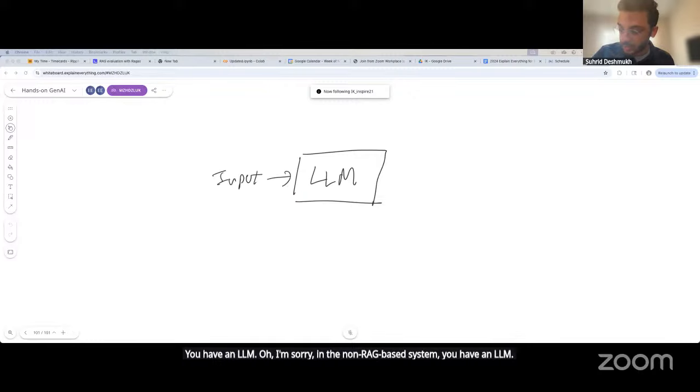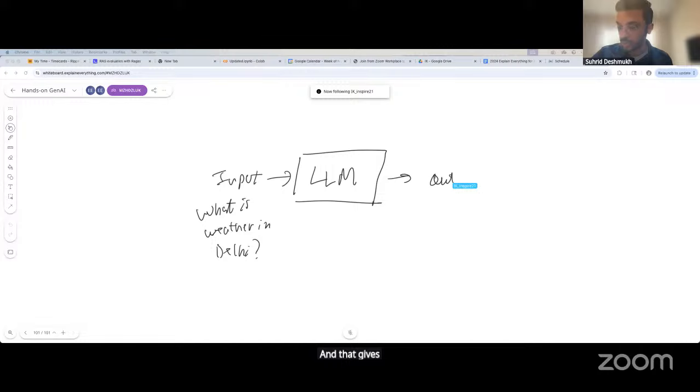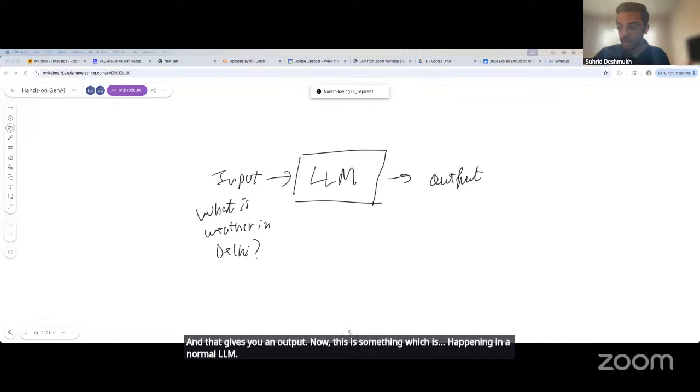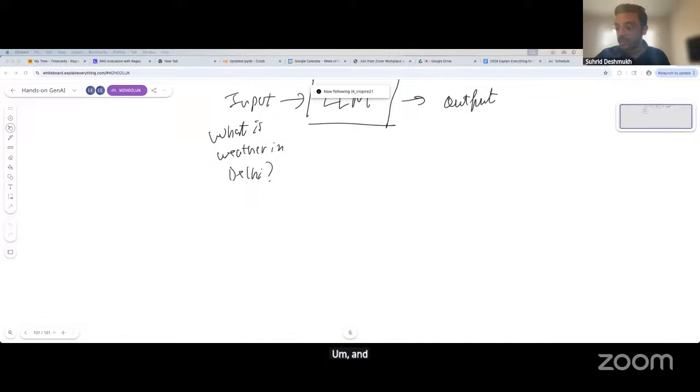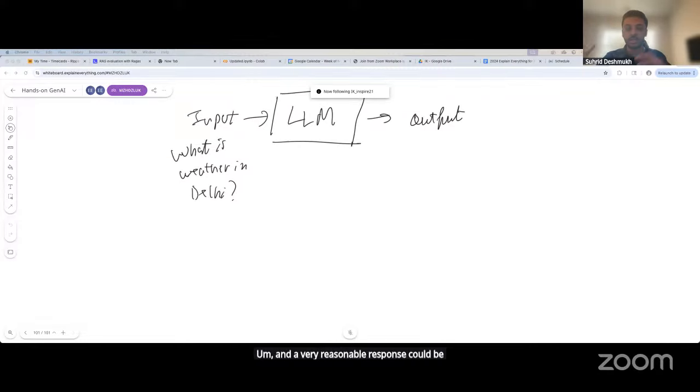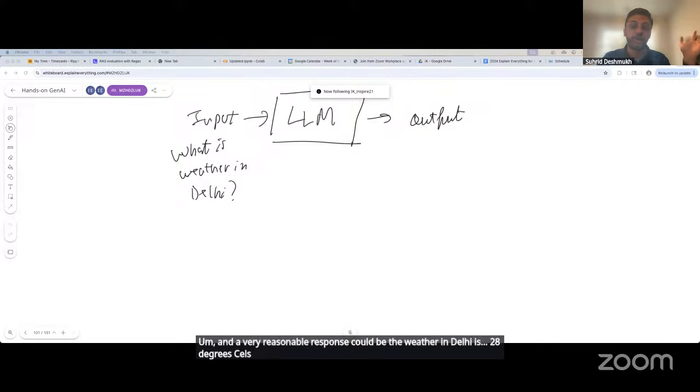Some input comes in, like what is the weather in Delhi? And that gives you an output. Now, this is what happens in a normal LLM. A very reasonable response could be the weather in Delhi is 28 degrees Celsius and foggy or whatever.